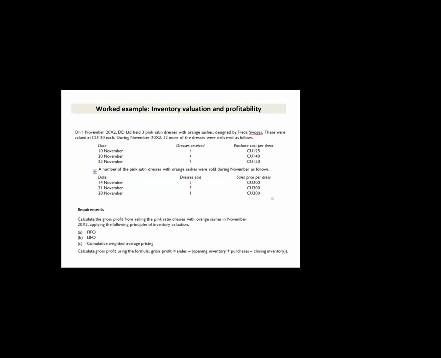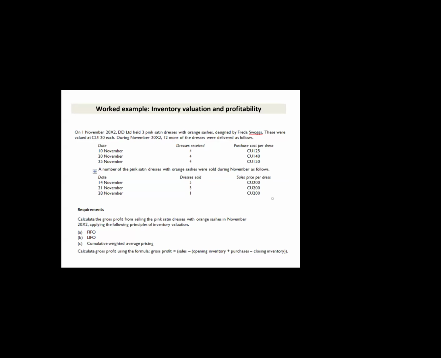So we have to calculate the profitability. As we know, for calculating profitability, we have to calculate cost of goods sold, then sales price minus cost of goods sold equals profit. So to calculate cost of goods sold, the formula is opening value plus purchase during the period minus closing value of inventory equals cost of goods sold.